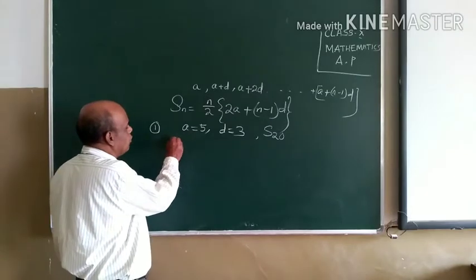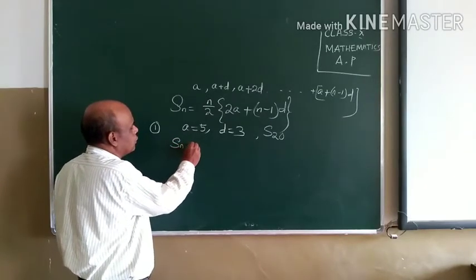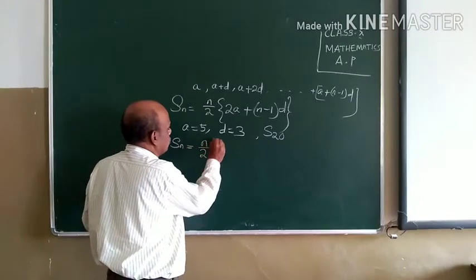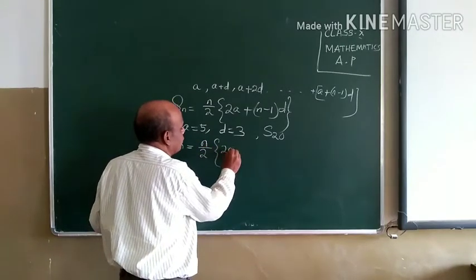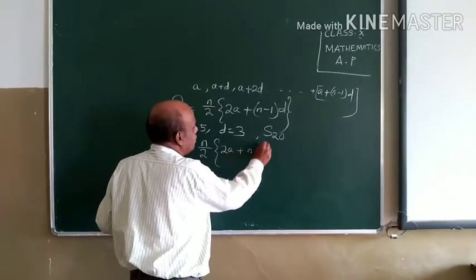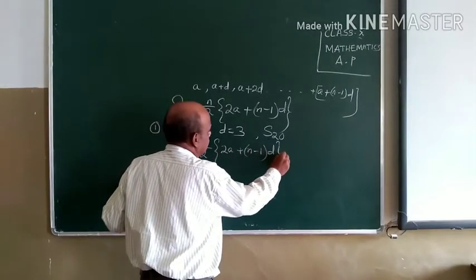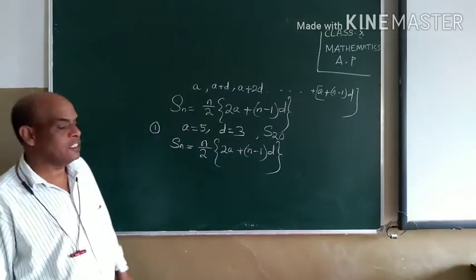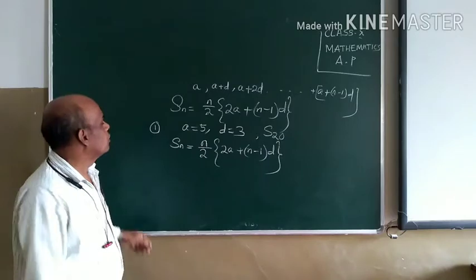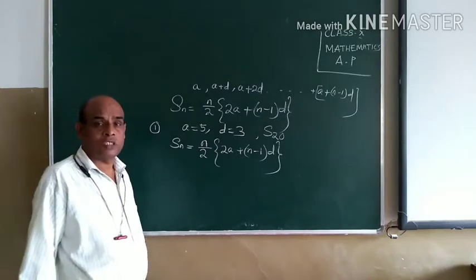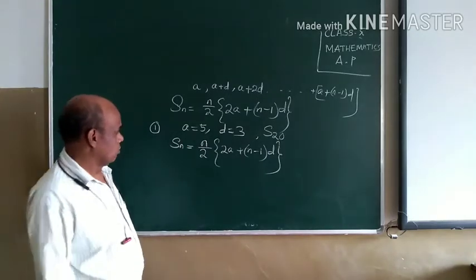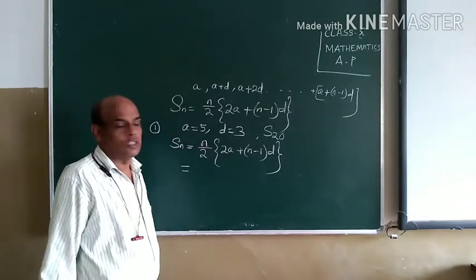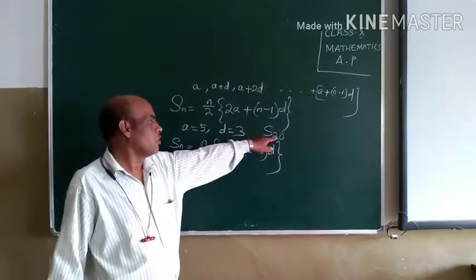So we will use the formula S_n is equal to n by 2 into (2a plus (n minus 1) into d). This is the sum formula in arithmetic progression. Now substitute the values in this formula. The value of n, the number of terms, is 20.